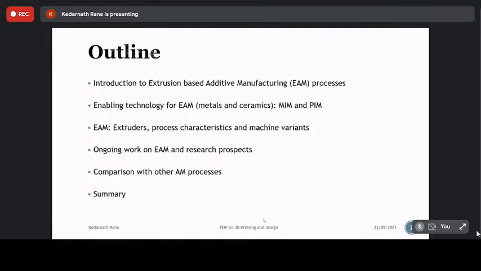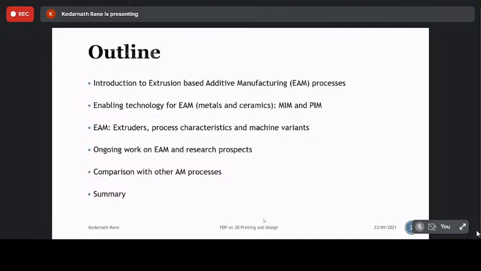Then, before introducing extrusion-based additive manufacturing, we need to see the enabling technology, which can make this layer-by-layer manufacturing of metal and ceramic possible. That's why we are going to cover metal injection molding and powder injection molding. Many of you are not aware of this kind of process because it is not in the mainstream of mechanical engineering or manufacturing engineering. So we will touch upon these very specific processes.